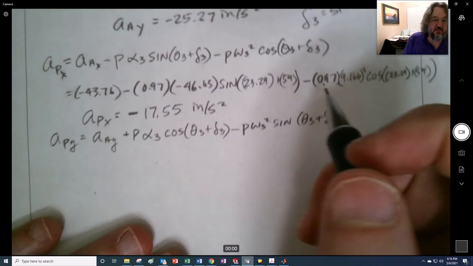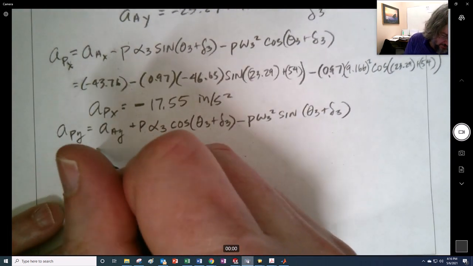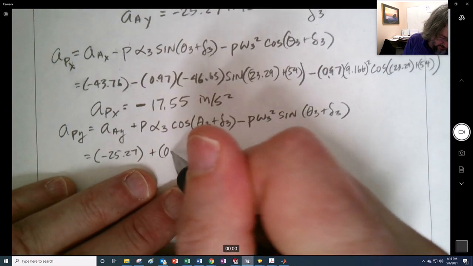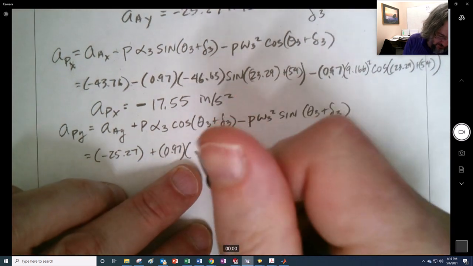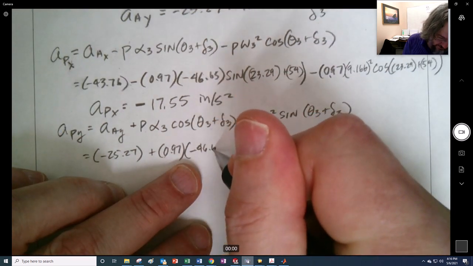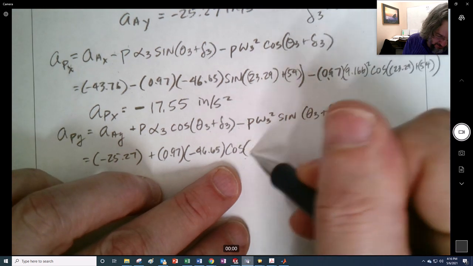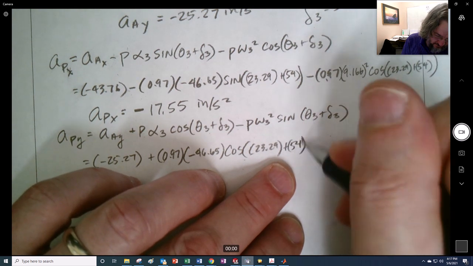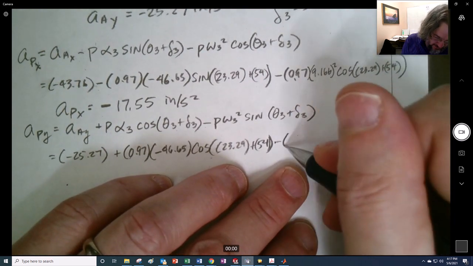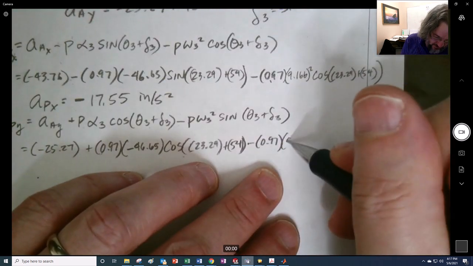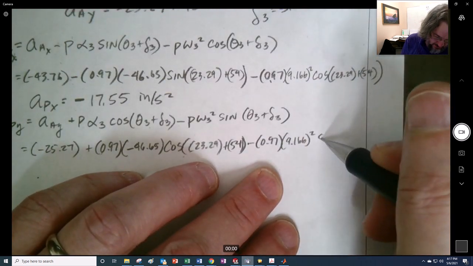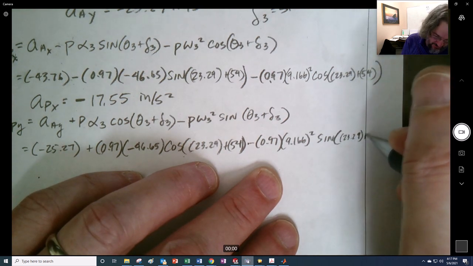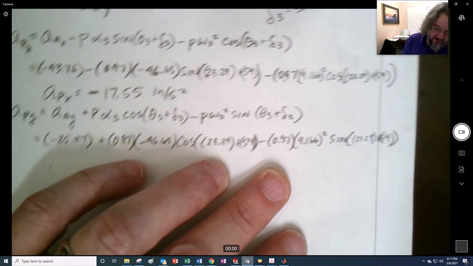So let's put them together, all right? Negative 25.27 plus 0.97 and negative 46.65 cosine of 23.29 plus 54, minus 0.97, 9.166 squared sine of 23.29 plus 54, barely squeezing to get in there.